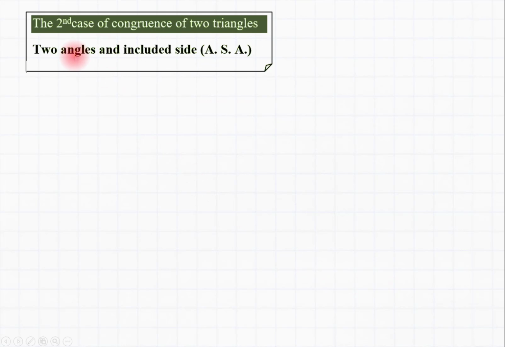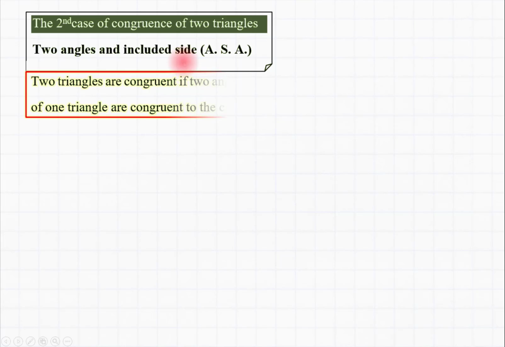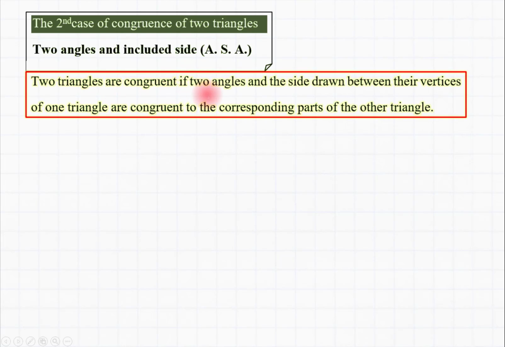The second case, two angles and the included side. Two triangles are congruent if two angles and the side drawn between their vertices of one triangle are congruent to the corresponding parts of the other triangle.